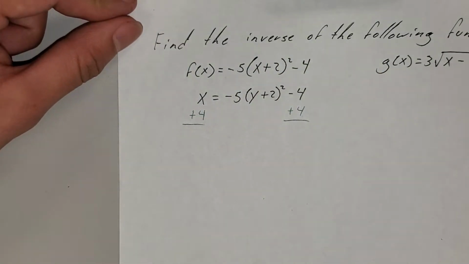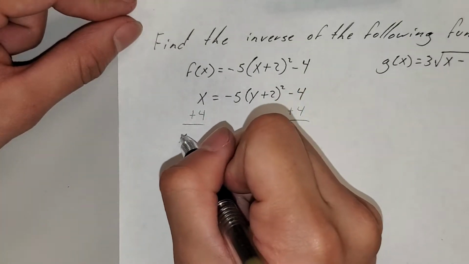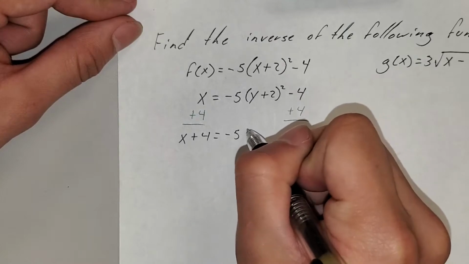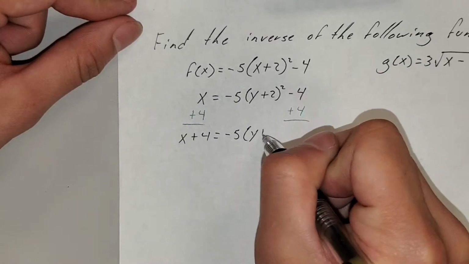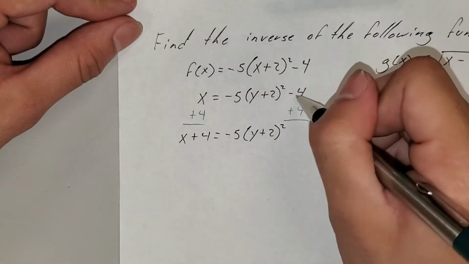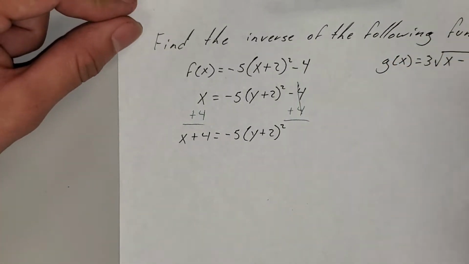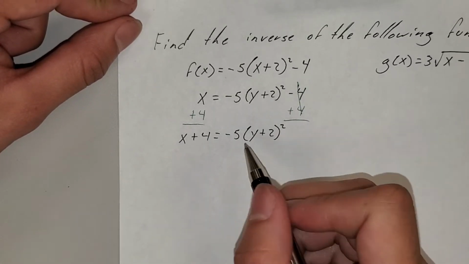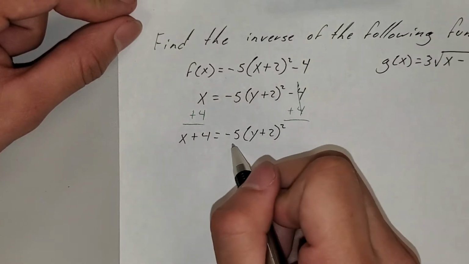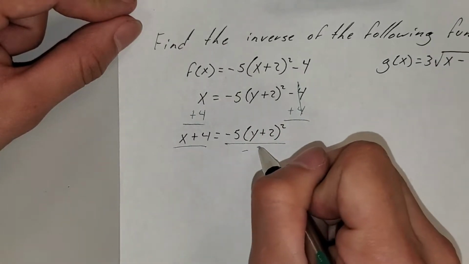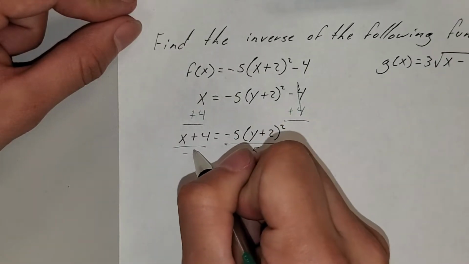This way, I get x plus 4 equals -5 times y plus 2 squared. These canceled out. The next thing, I have this -5 here. In class, we just had the negative, so we divided just by -1 on both sides. This time we have -5, so we have to divide both sides by -5.